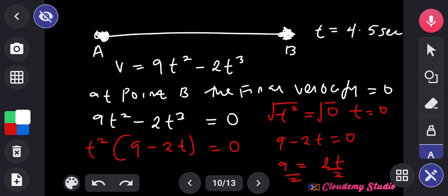You understand? Now, they say the maximum velocity that is attained. To look for the maximum velocity that is attained, the first thing we have to look for is the acceleration itself. We are going to look for the time taken for the particle to reach its maximum velocity.